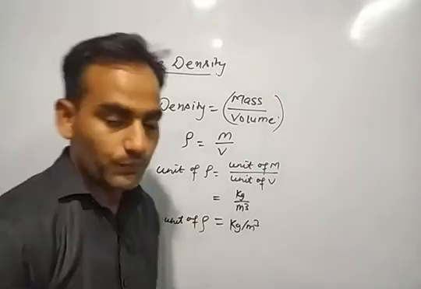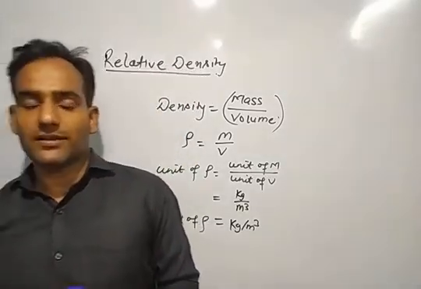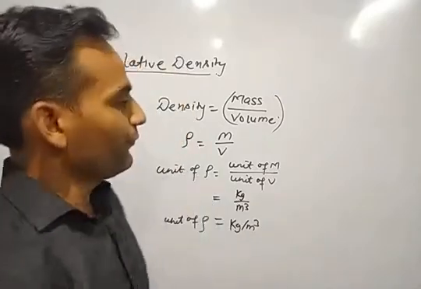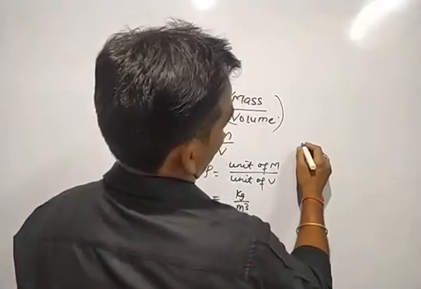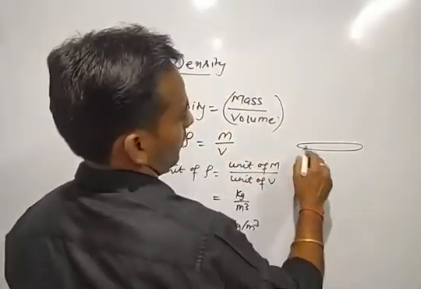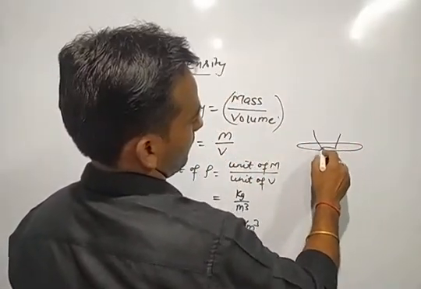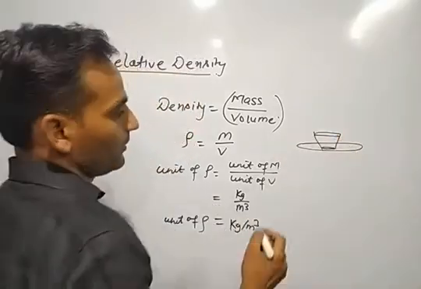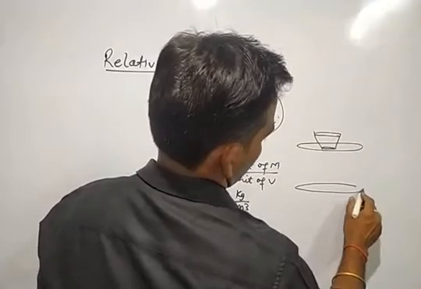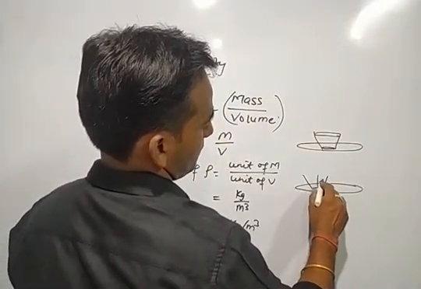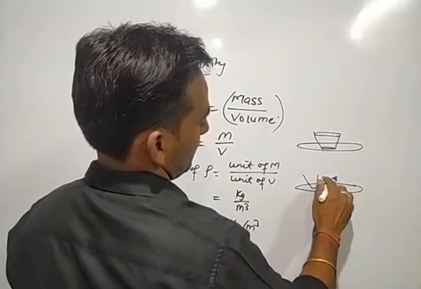So, density is nothing but, you can imagine, if we have a table, and on this table one pot is kept, and another table where so many pots or things are kept.